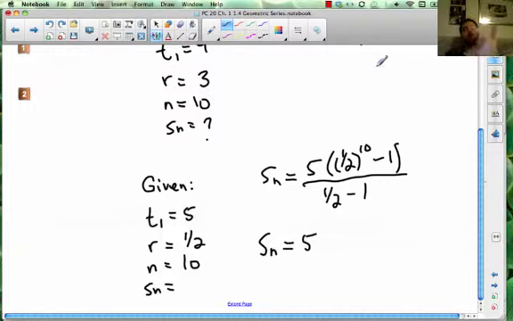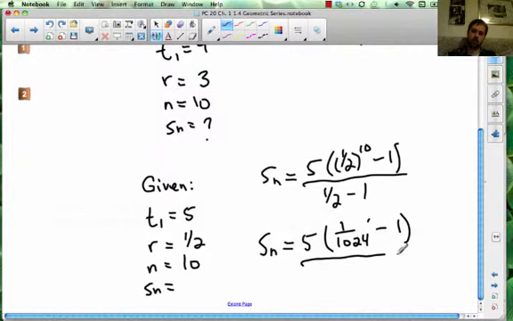So 2, 4, 8, 16, 32, 64, 128, 256, 512, and then 1024. So it will be 5 times 1 over 1024, and we're subtracting 1 from that. And then we are dividing by 1/2 minus 1, which is negative 1/2.